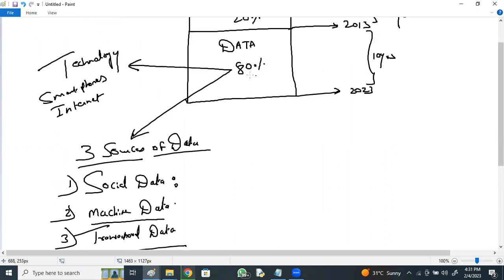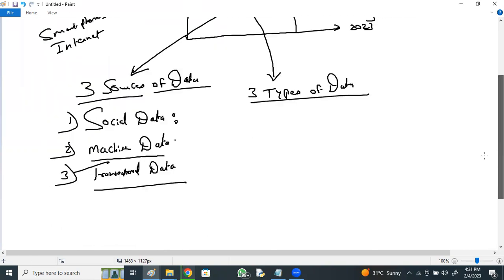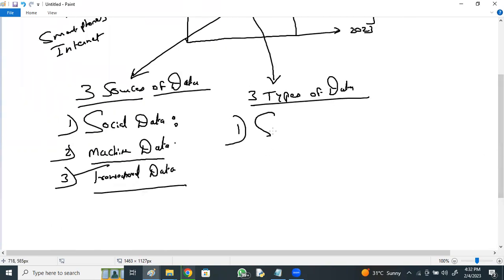And this data which got generated mainly falls into three types: structured, semi-structured, and unstructured.